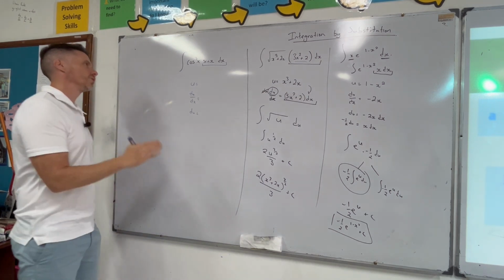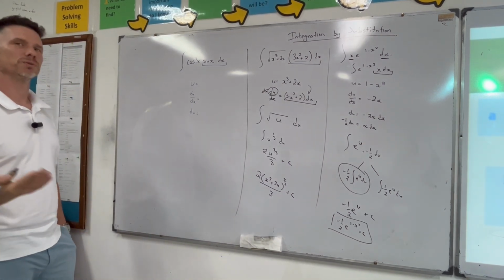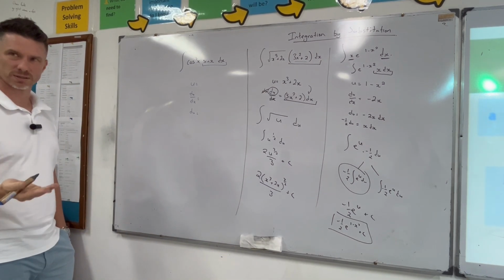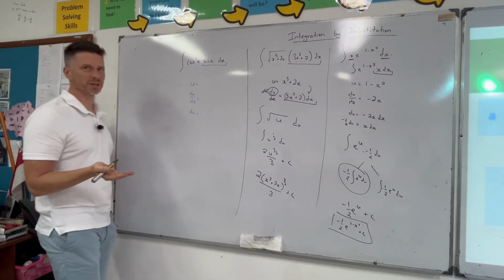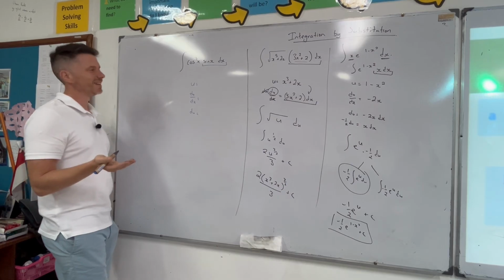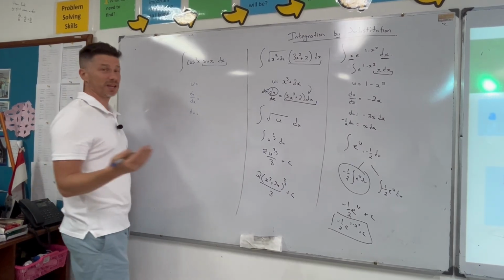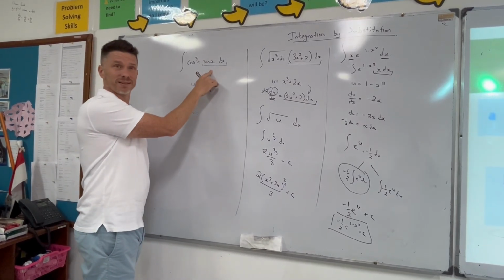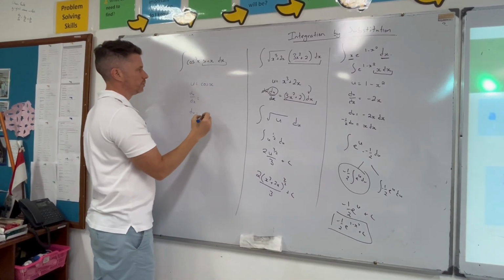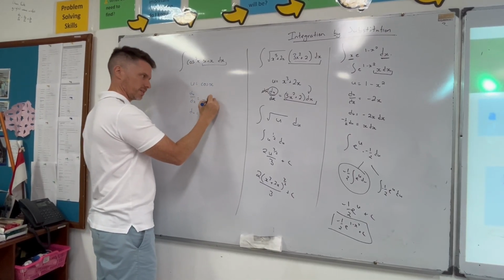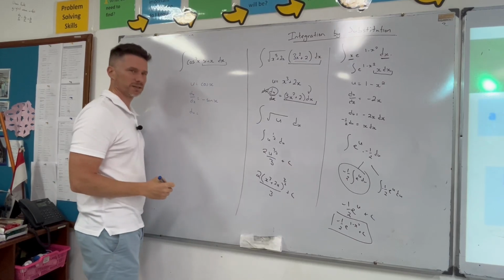Now, do I pick cosine cubed or do I pick just cosine? Just cosine. Why? Because it will derive to being just sine. Okay, so just cosine x derives to negative sine x, though, doesn't it? Just be careful of that.